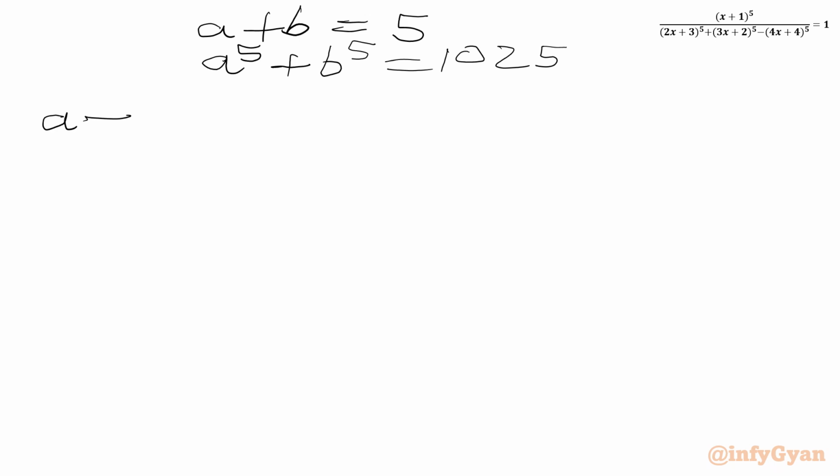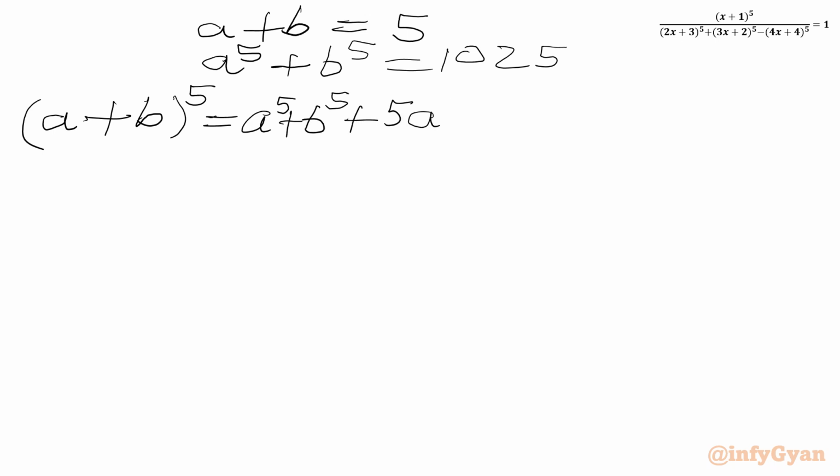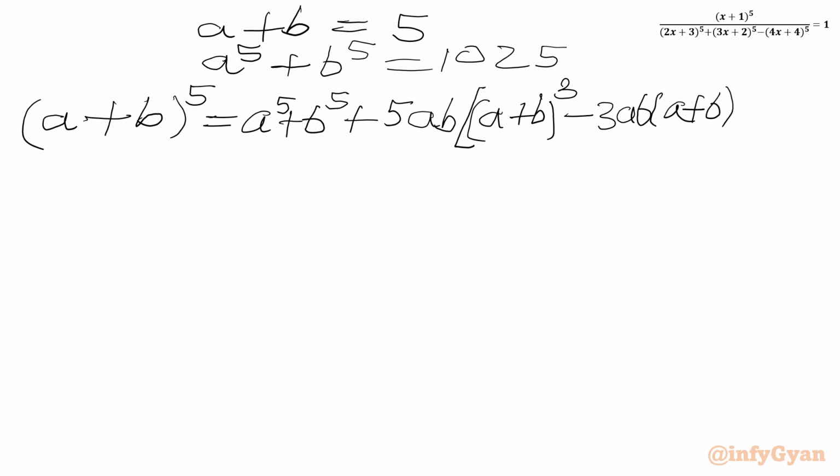I need to write (A plus B) whole power 5, which will be equal to A power 5 plus B power 5 plus 5AB times (A cube plus B cube), which I will write directly as (A plus B) whole cube minus 3AB times (A plus B). Then we will write our last term: plus 10 A square B square times (A plus B).